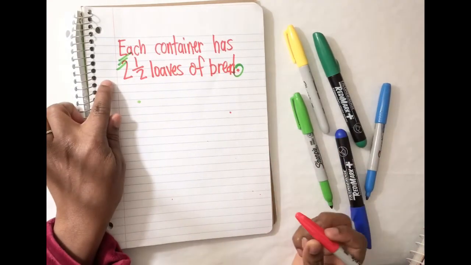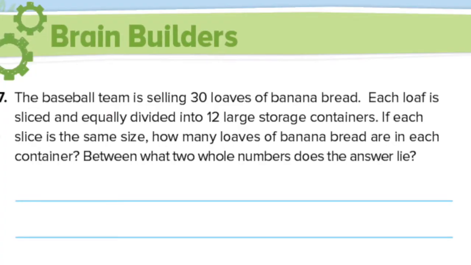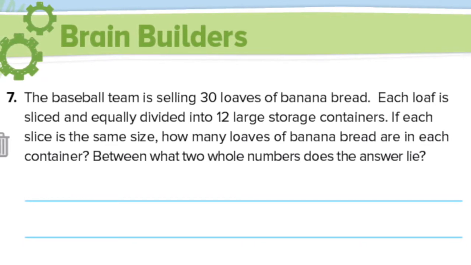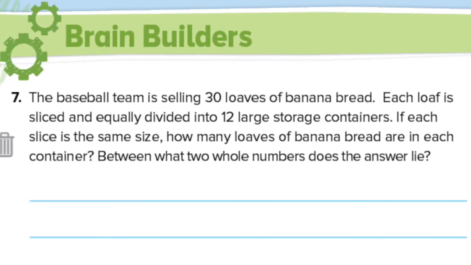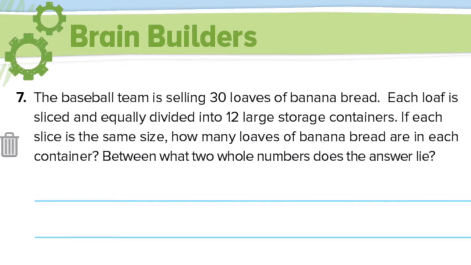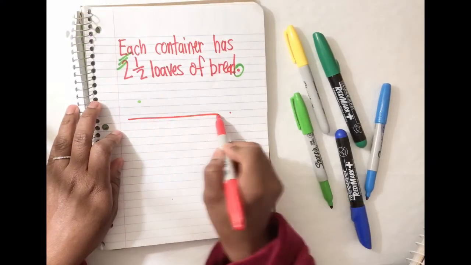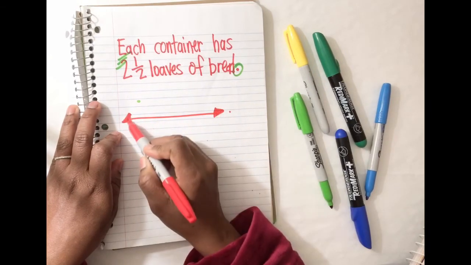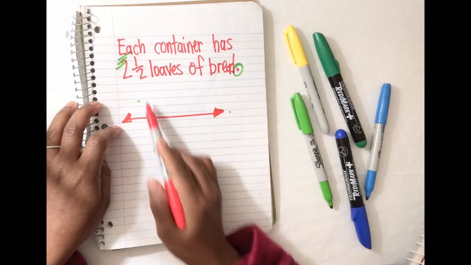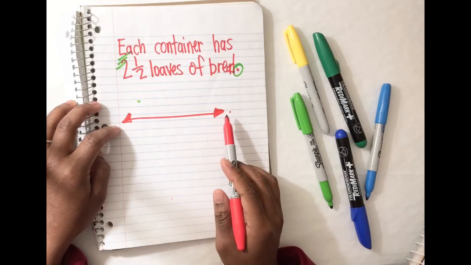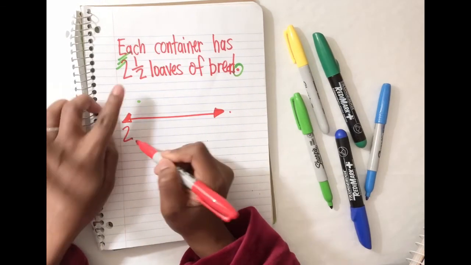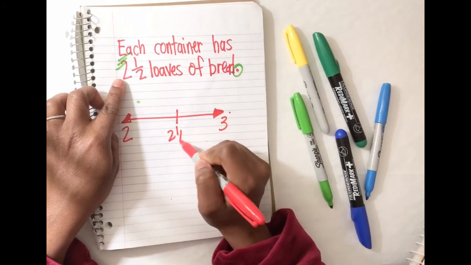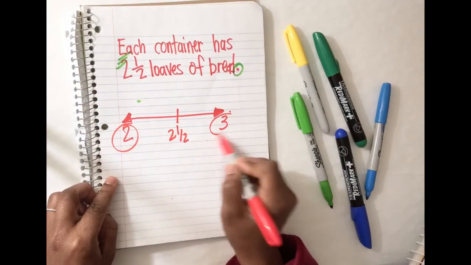Now there's also another question here. It says, between what two whole numbers does the answer lie? So 2.5, they want to know 2.5 is in between what two whole numbers? We know it's in between 2 and 3.